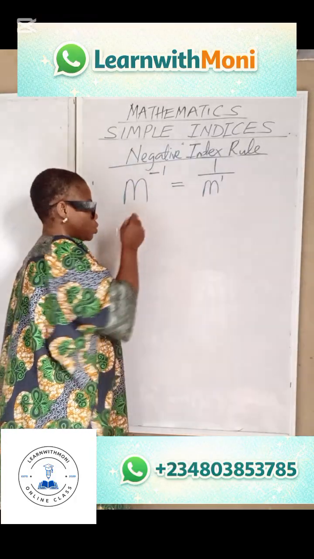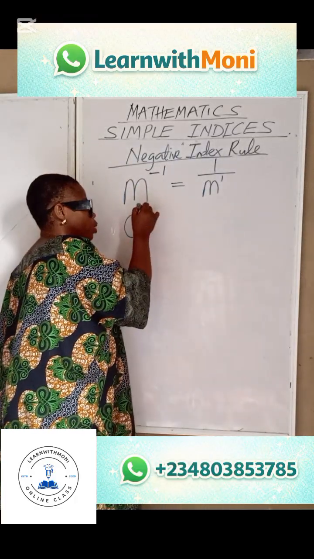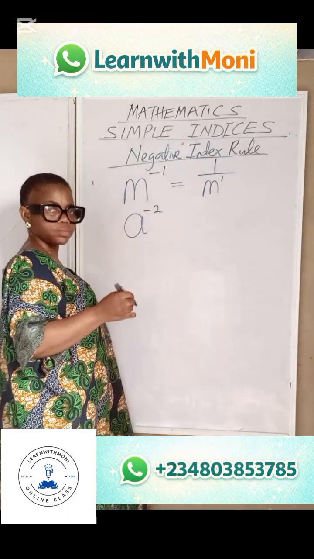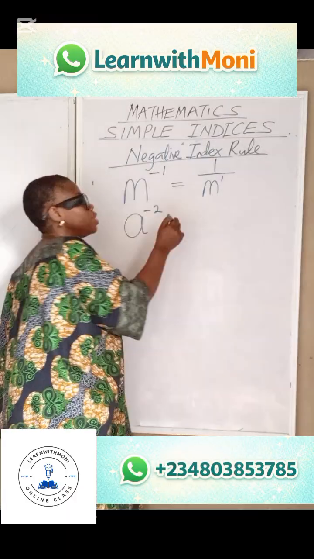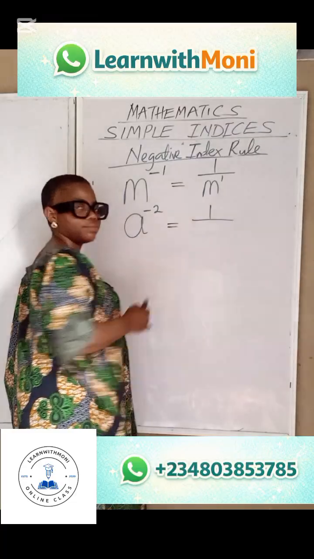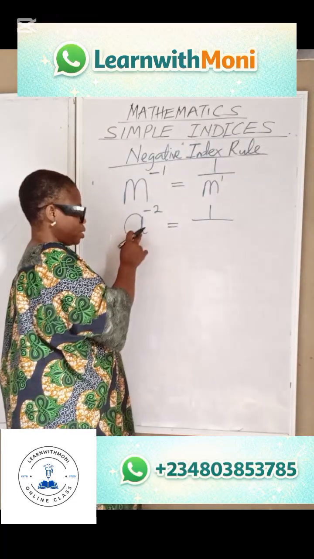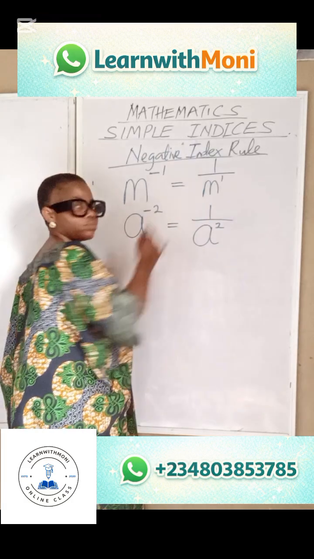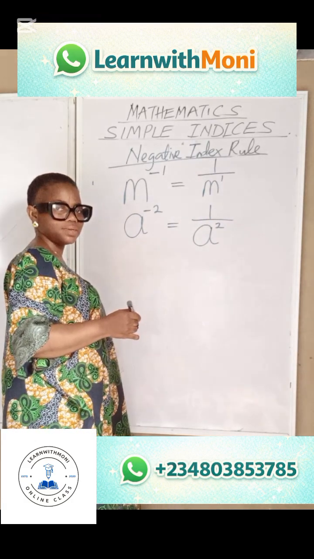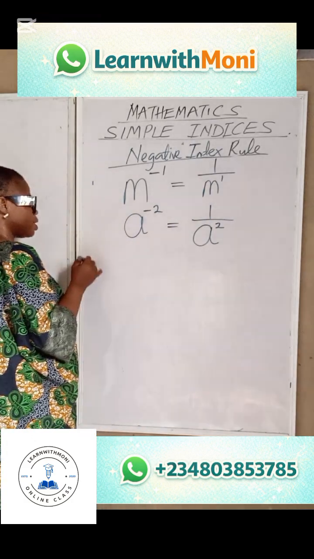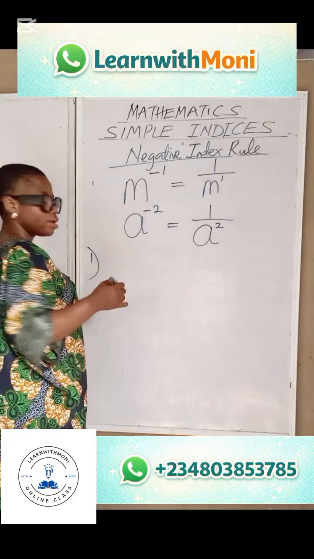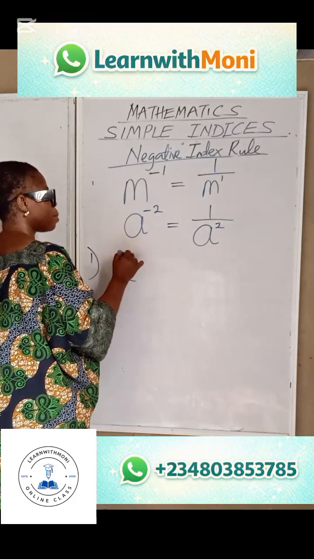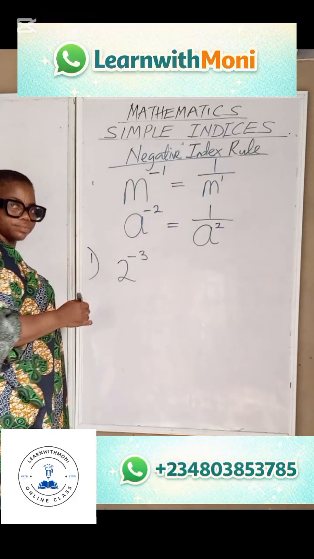Look at this situation. If what I have is a raised power minus 2, this minus is 1 over what? A raised power 2. Can you see that? Let us take numerical example. Like when I have 2 raised power minus 3.